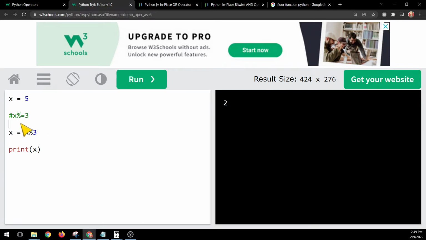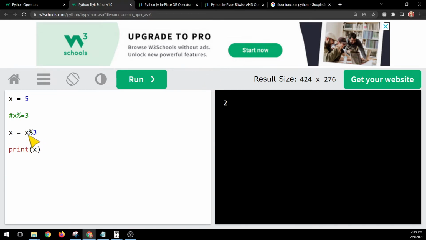Let's understand what's happening here. x is equal to 5 at this point, and you're assigning x mod 3, which is 2, to the new x. So that's why when we print it, we get 2.